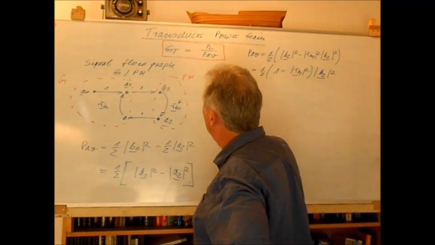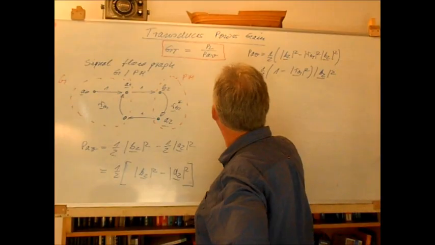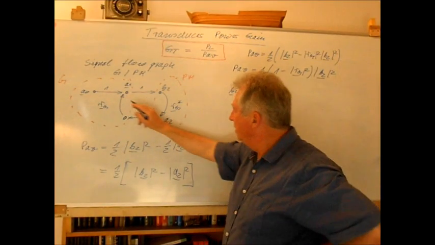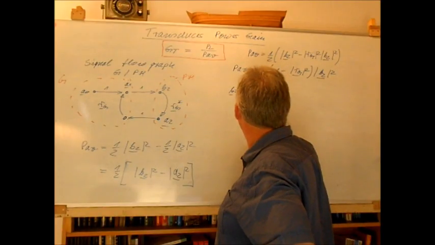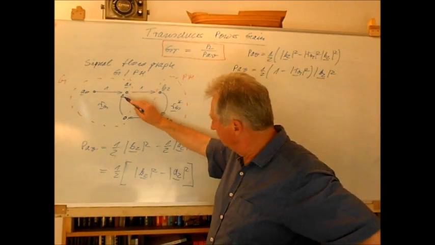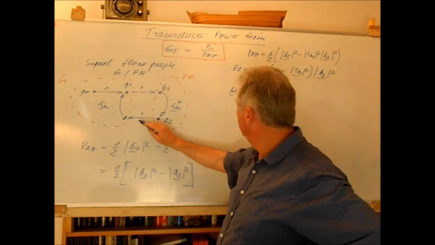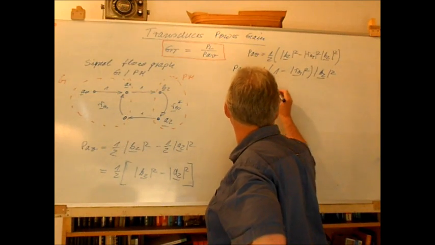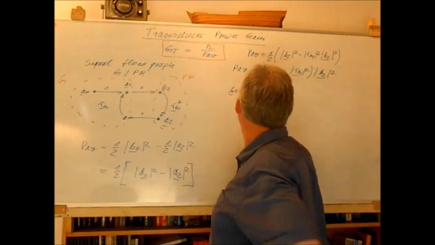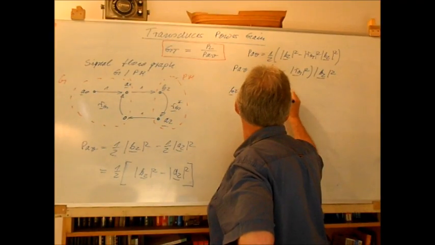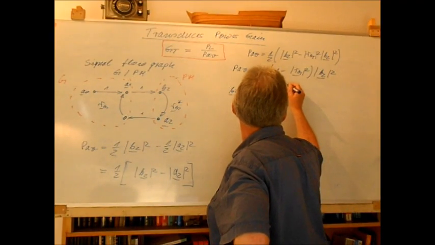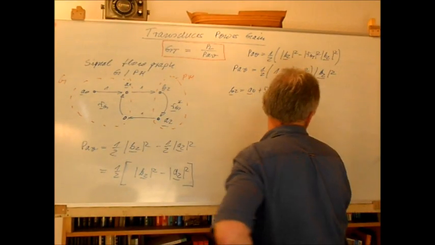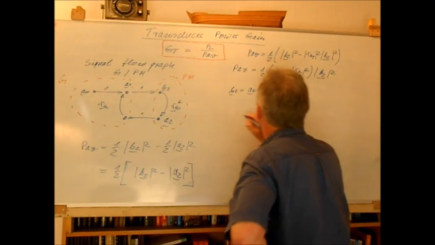We can say that B2 is equal to A1, but A1 you see is given by A naught plus RG times 1 times RG conjugate complex times B2, which can be written like this.